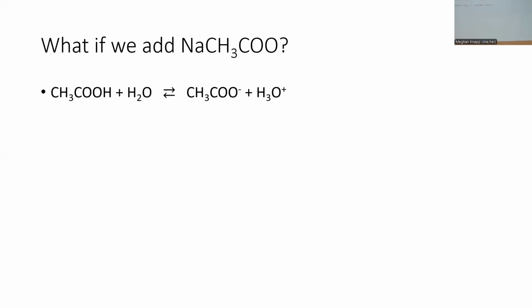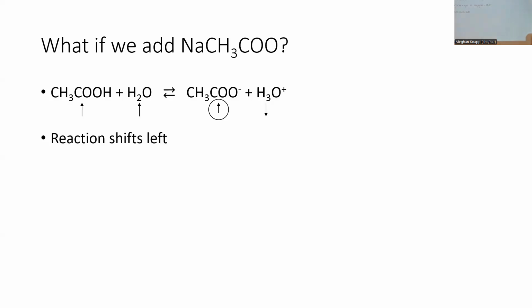It's not going to do anything, okay? So we're going to increase that acetate. What does Le Chatelier say is going to happen to the shift? Which way is this going to move? Towards the reactants, okay? So as I move towards the reactants, the reactants are going to increase and the products are going to decrease.